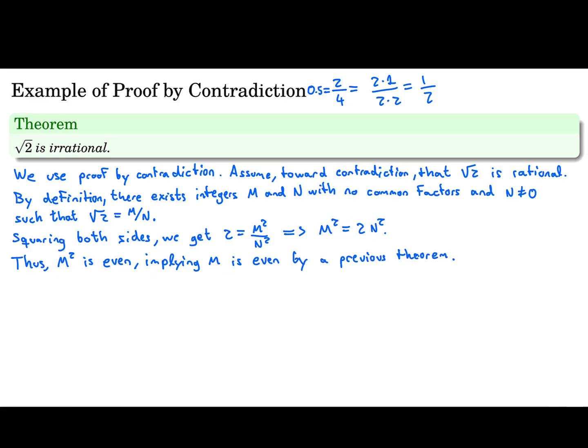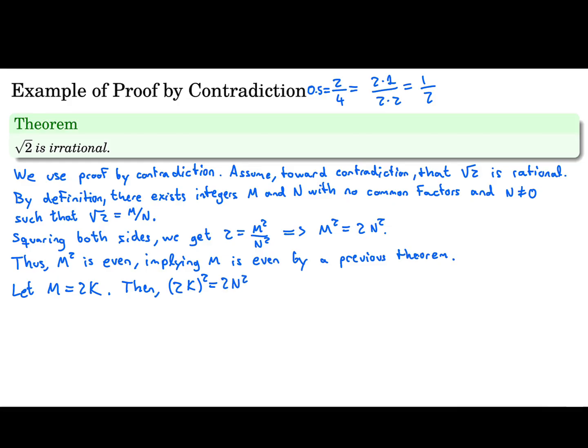Okay. So if m is even, thus, you can write m as 2 times an integer. So let m equal 2k. Then, if you square that, you get m squared.